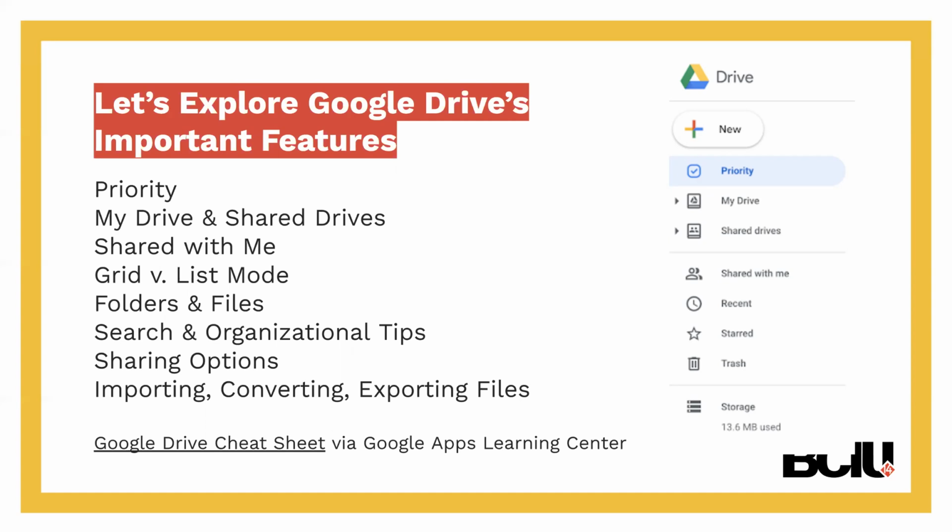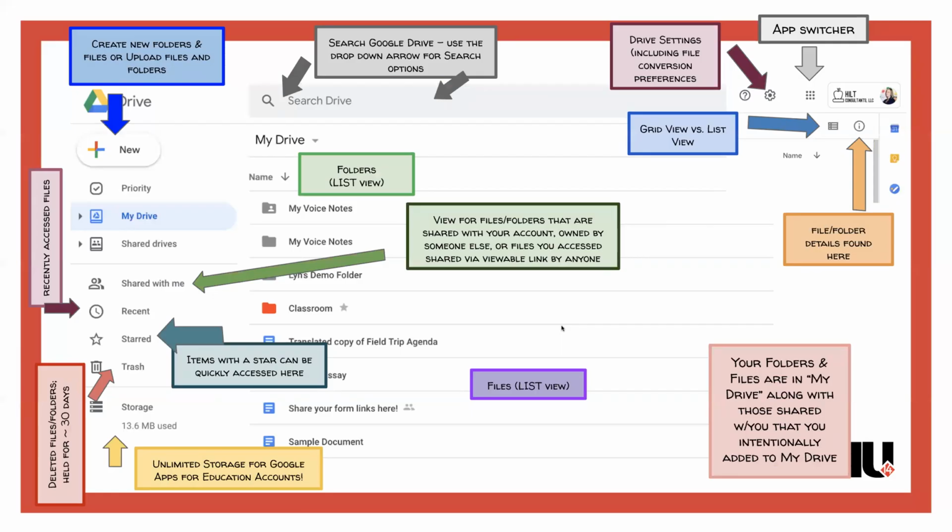Everybody's always up in arms about that and what it really means. We're going to look at search tips, organizational tips, sharing options, and then the importing, converting, and exporting files. There is a cheat sheet developed by the Google Apps team that you can click on and you can refer to if you ever need help with that.